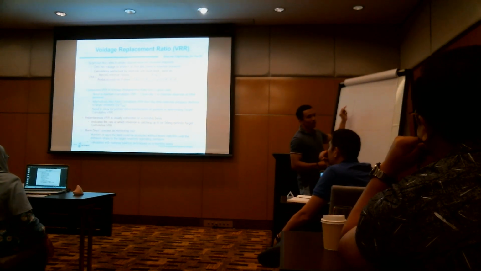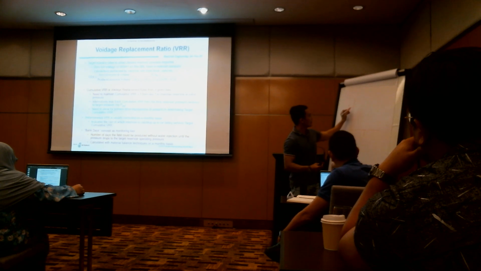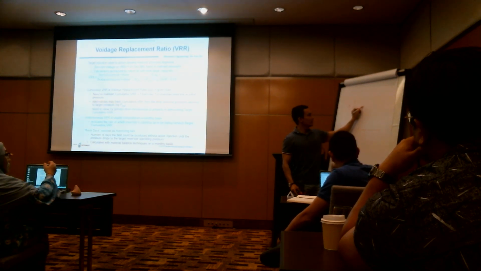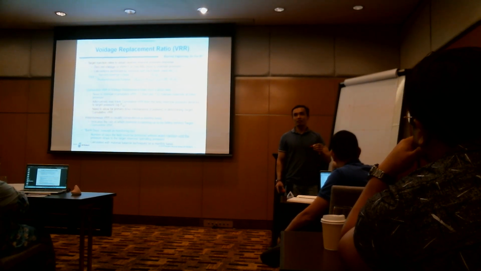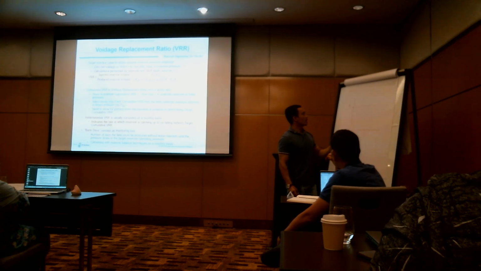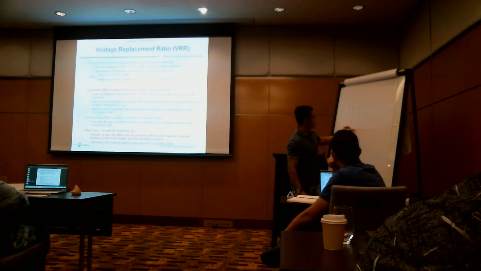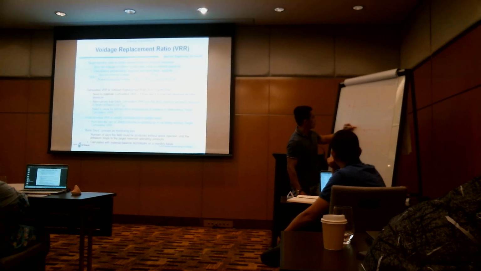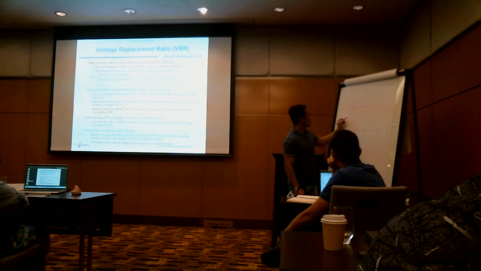Okay, this is your initial pressure, right? If cumulative VRR equals 1, expect your pressure will be maintained. Now, I'm talking about instantaneous VRR. Let's say you start to inject at this time.